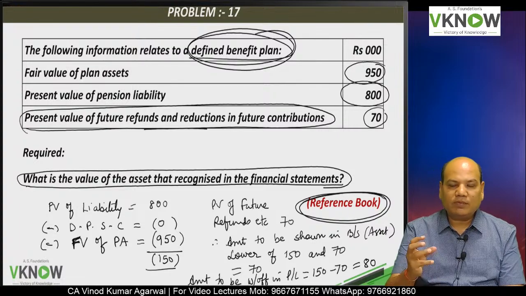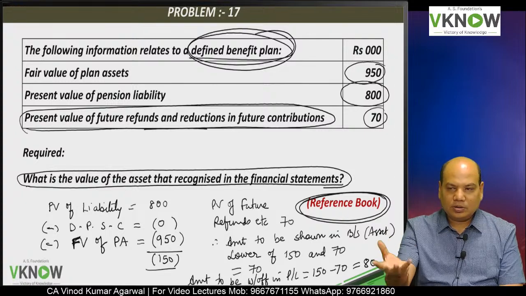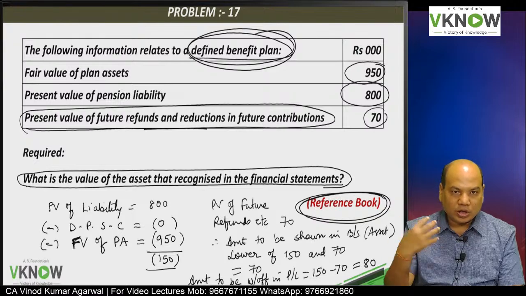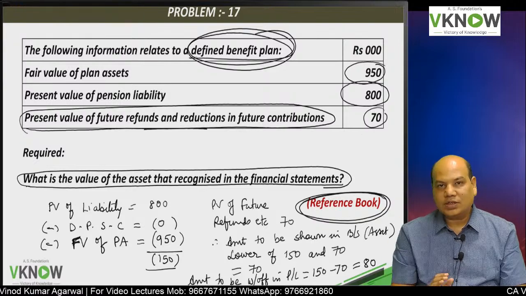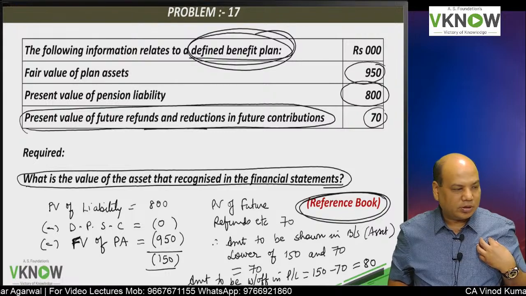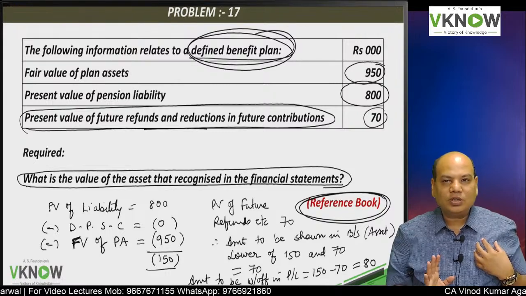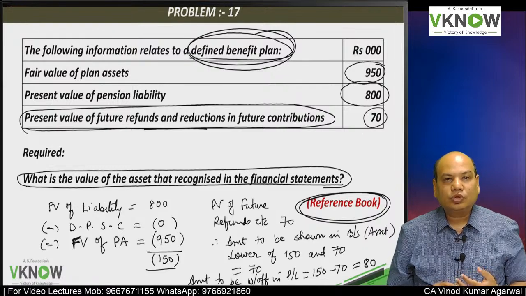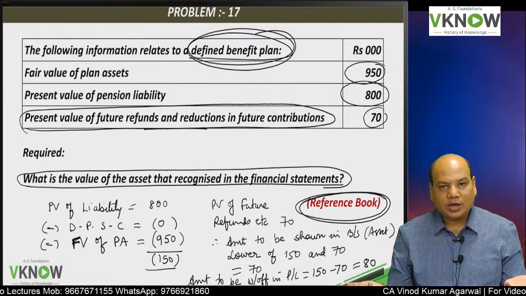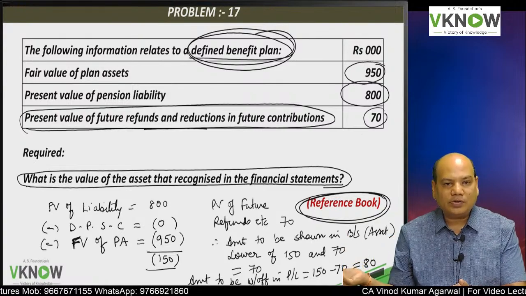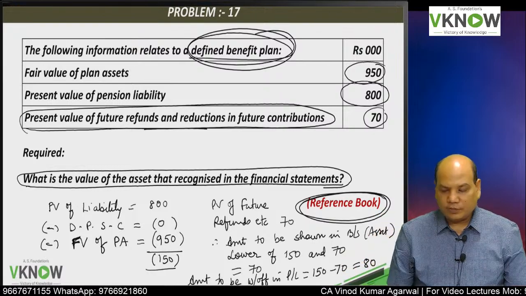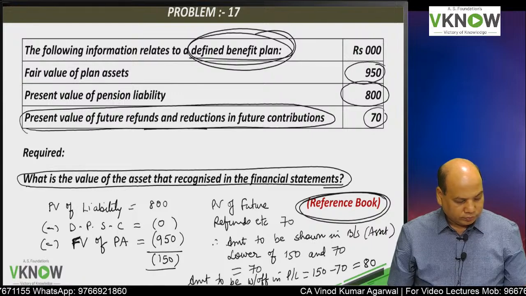So even though you have made 150 surplus payment, you are going to recover either in the form of refund or reduction in contribution only 70. Just think like this, you have given me 150, but I will return you only 70. So for you the recovery is only 70. What will you do with that? Keep 70 only in the balance sheet and remaining 80 is your loss. Transfer to profit and loss account.